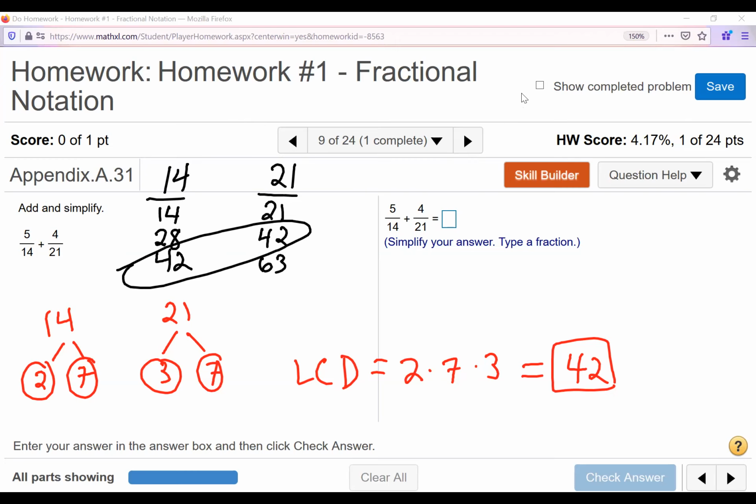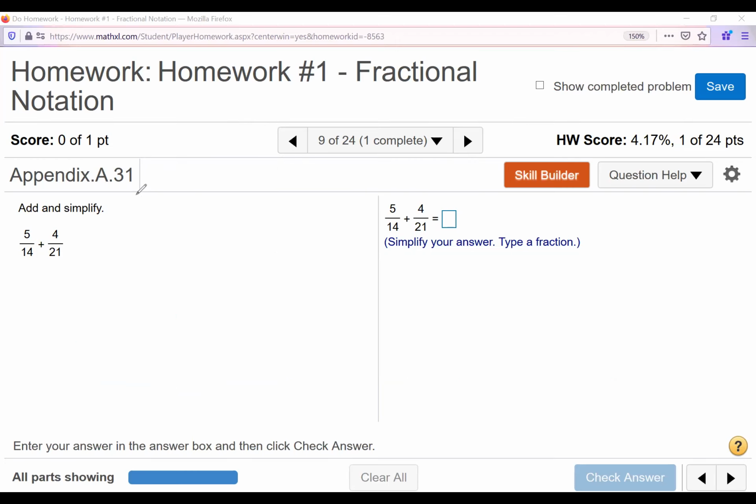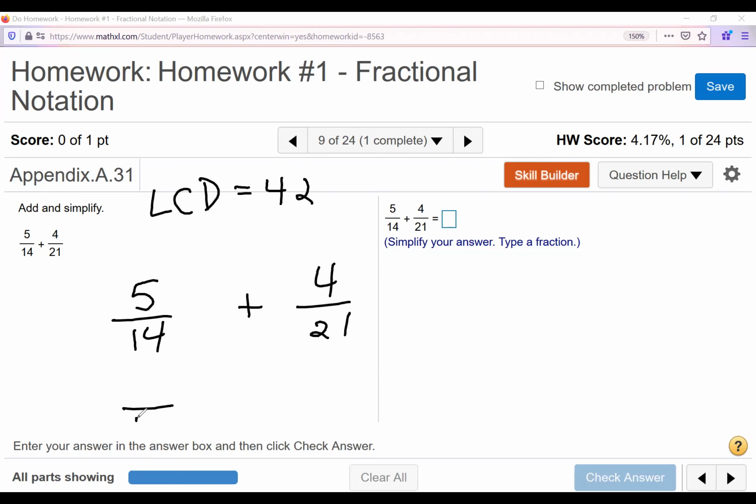All right. Now let's actually do the problem. Once we realize that the least common denominator is 42 in this problem, how do we actually do it? Okay, so 5 over 14 plus 4 over 21. I'm going to rewrite each fraction with a denominator of 42. Okay, now how do we actually get there? Well, as we just saw a couple seconds ago, 14 times 3 is 42.